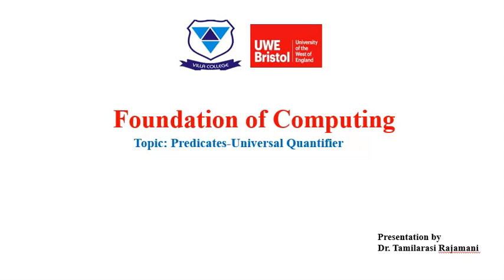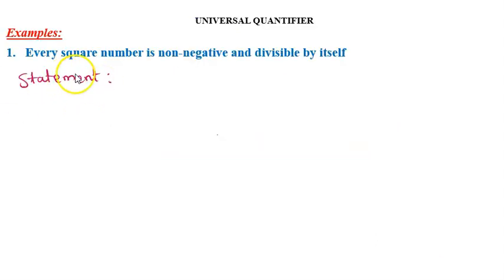Let's see the other logical operator combinations with the given example. Every square number is non-negative and divisible by itself. After reading the statement, we find out whether it is possible or impossible, which means either true or false.